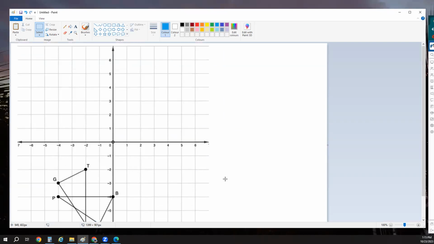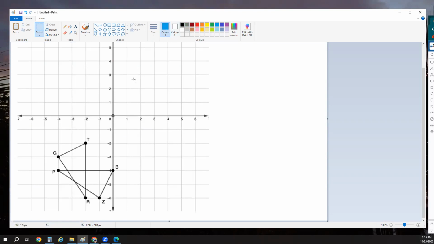All right, so we have this set, right? Our GTR was our original, and BZP is the final. So you can tell that I need to at least reorient it, okay?